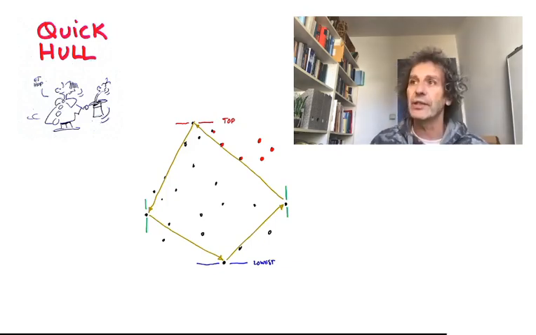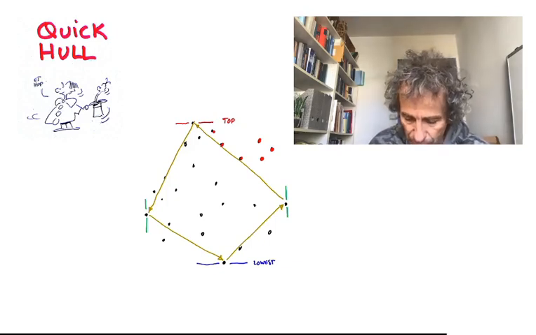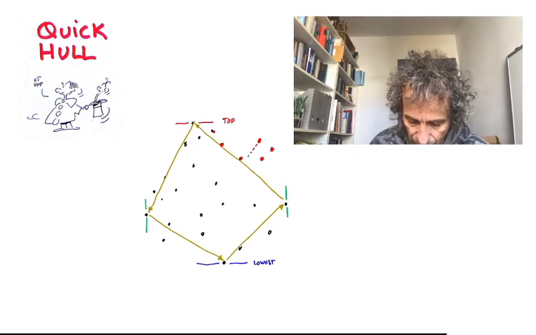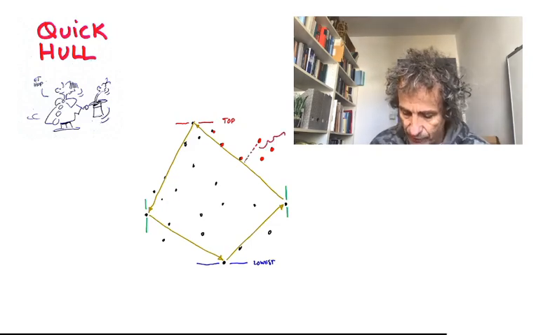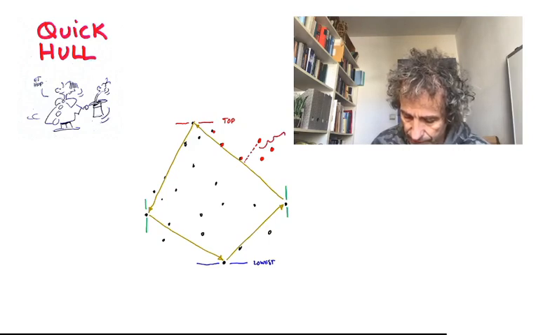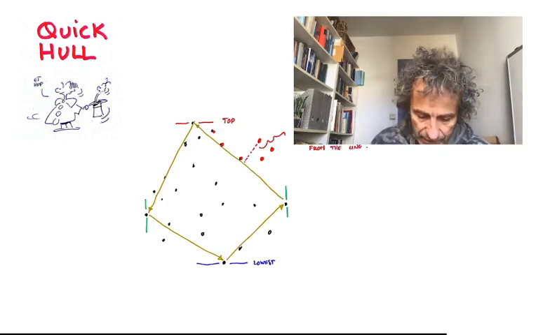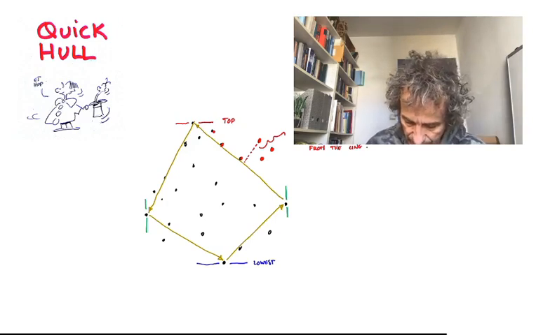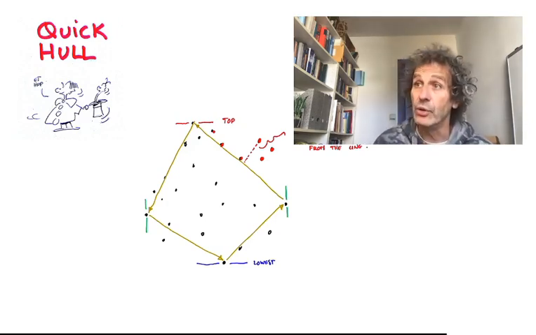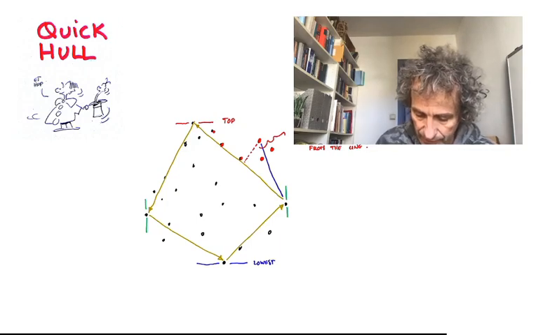The idea is, when you have a straight line, you find the node that is at the maximum distance from the line, and you do it again by drawing a line like that and a line like that.